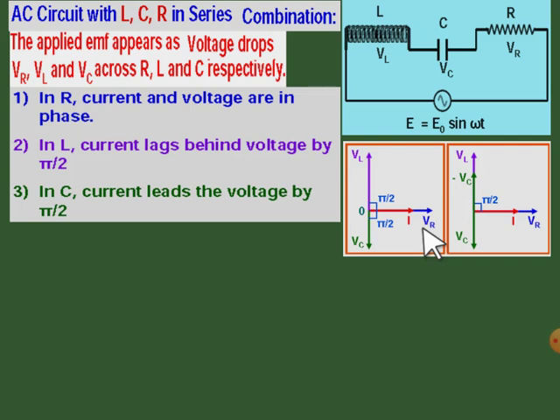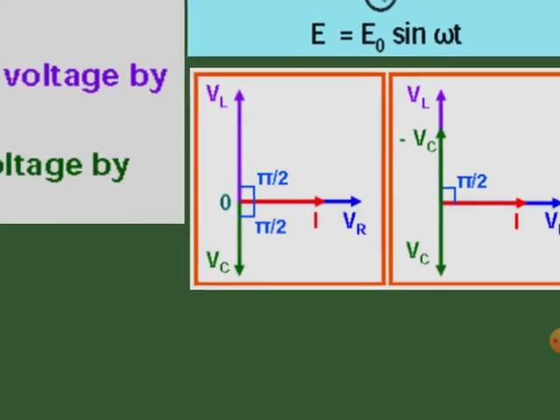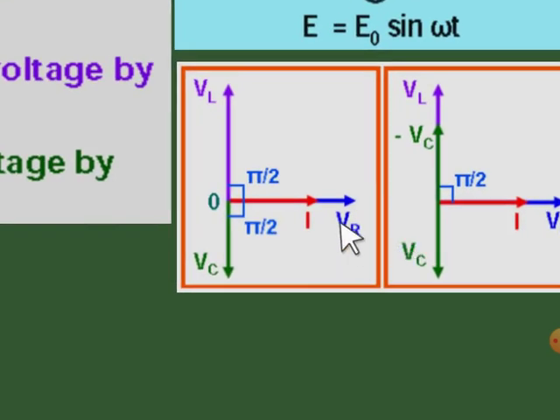The red line gives the phasor for the current I flowing through L, C and R, which are in series, so the same current flows through them. VR is the potential drop across R.